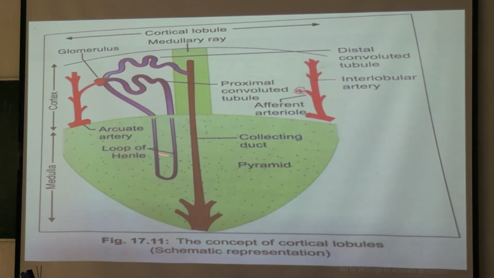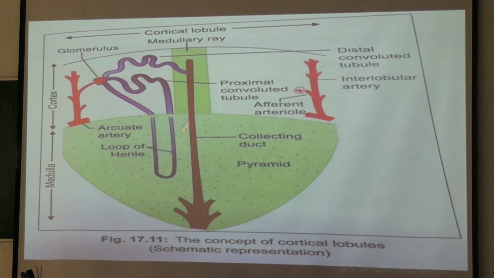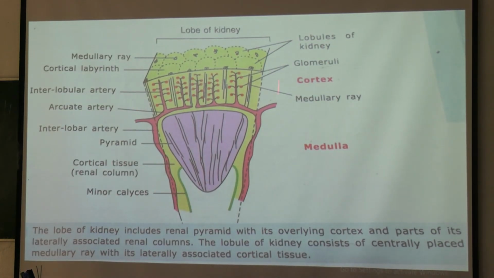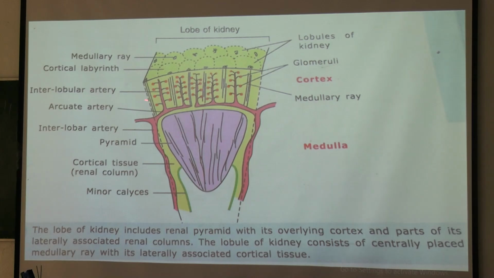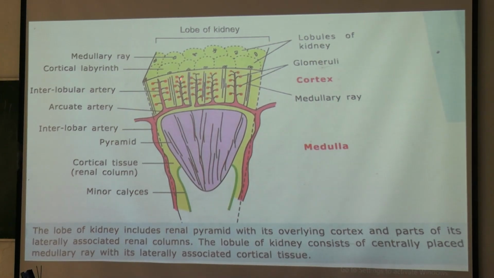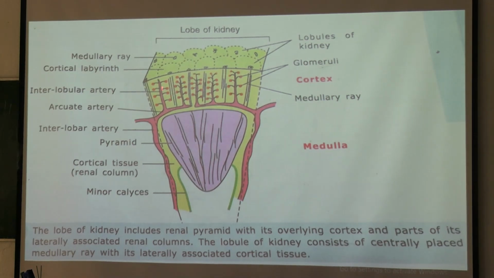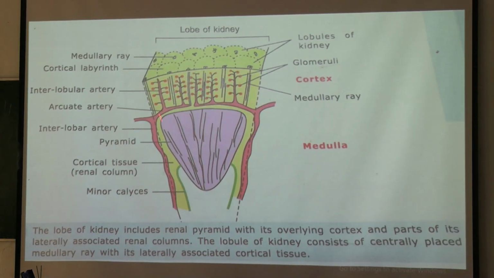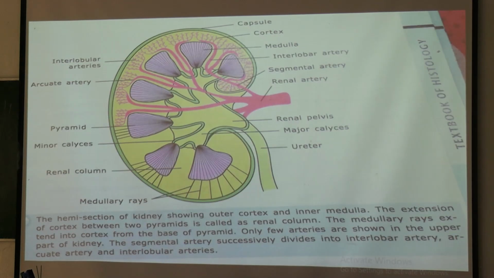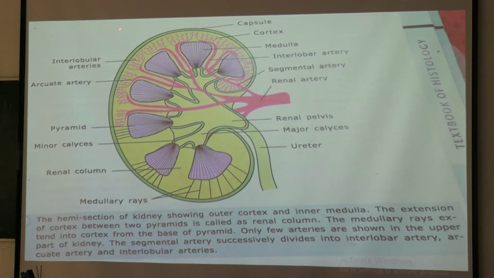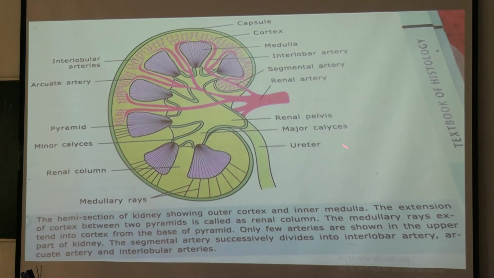This is a cortical lobule, around the medullary ray. This is one schematic diagram. These are the glomeruli. These are the medullary rays, pyramid, arcuate artery, interlobular artery, interlobar artery. Okay, this is also showing the blood supply. So you can see the division of arteries.